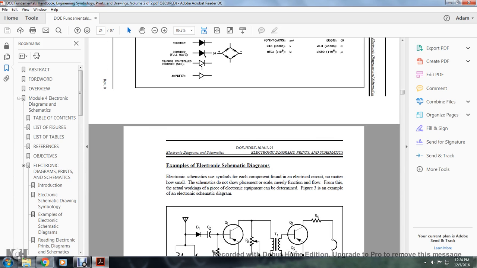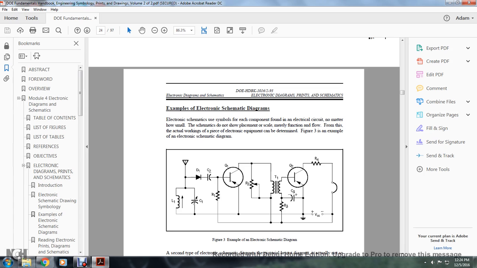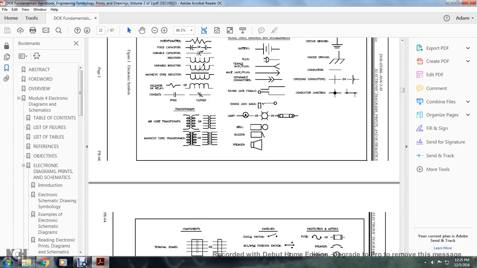You have your PNP transistor, your 4 resistors, your diode, your capacitor, your volt meter with plus and minus sign. It's a single line.